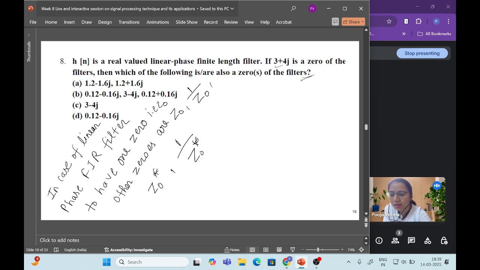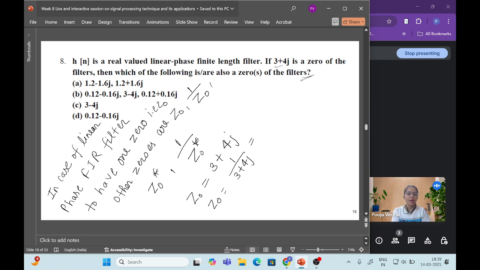So these are the zeros of that FIR filter. So here Z0 is given 3 plus 4j. What are the other zeros then? Then it is 1 by 3 plus 4j, right?